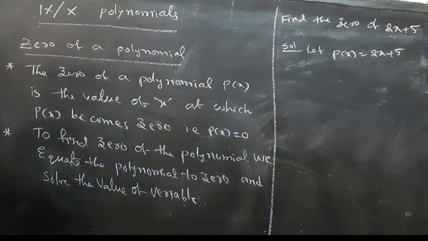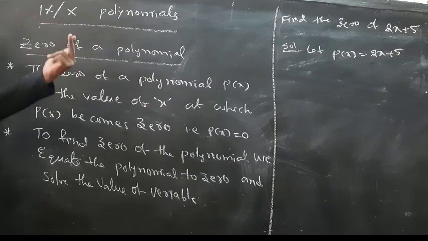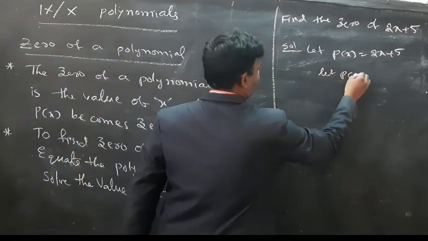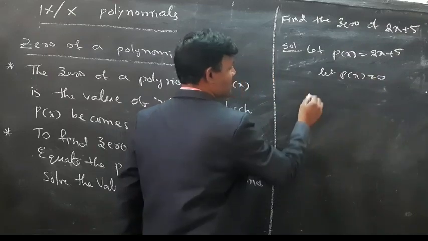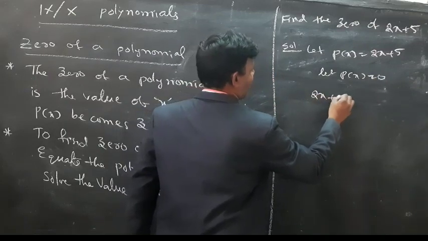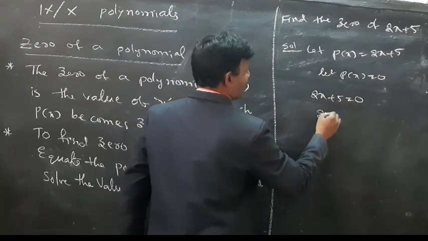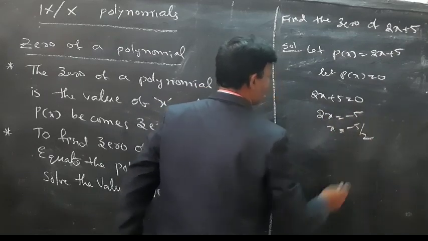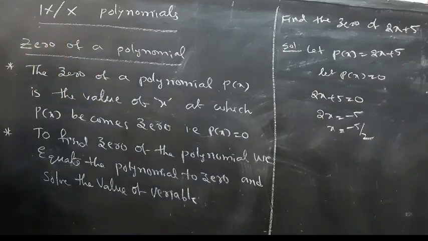To find the zero of a polynomial, first you have to equate it to 0. Let p of x is equal to 0. It means 2x plus 5 is equal to 0. Then 2x is equal to minus 5 and x is equal to minus 5 by 2. So minus 5 by 2 is called the zero of the given polynomial.